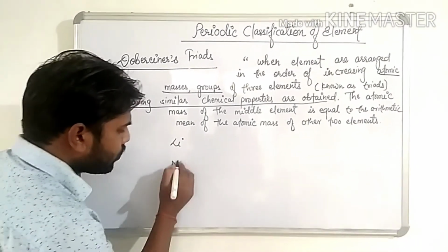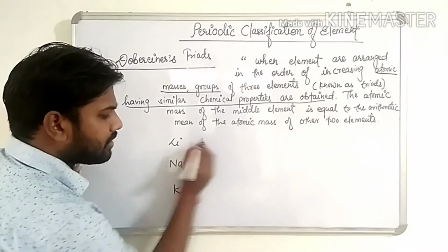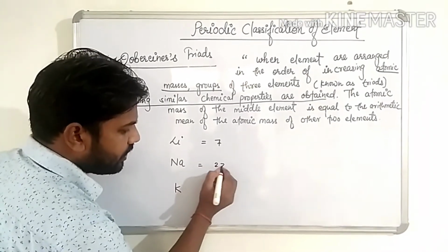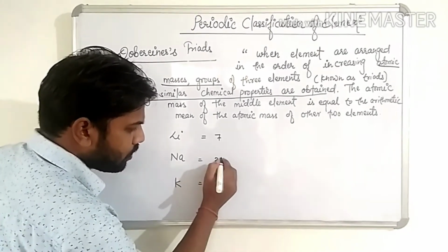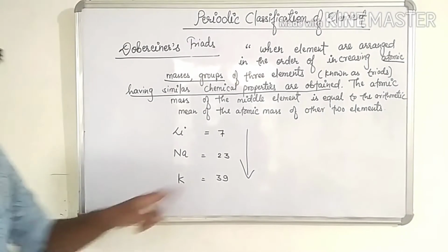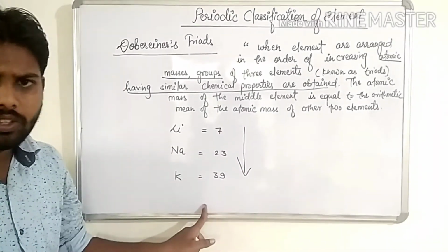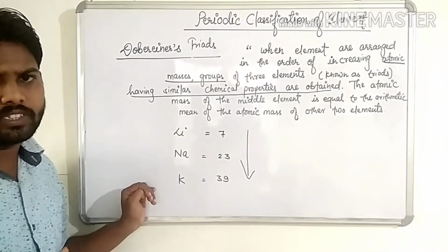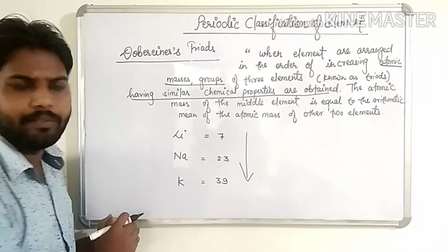lithium, sodium and potassium. Atomic mass of lithium is 7, sodium 23 and potassium 39. Okay, so when these elements are arranged on the basis of their increasing atomic weight, they show similar chemical properties and were put in the same group. Clear, children?